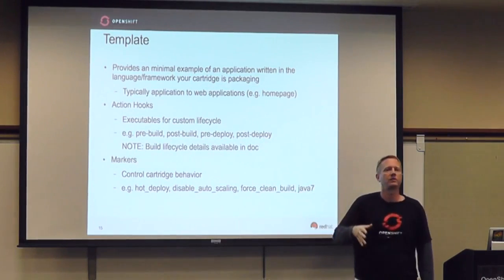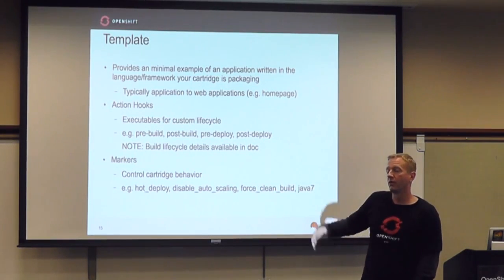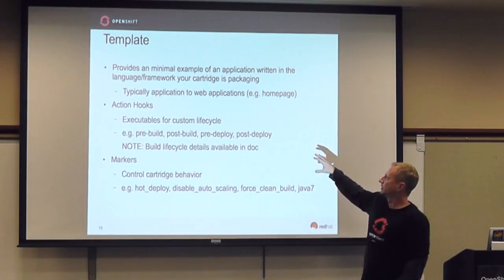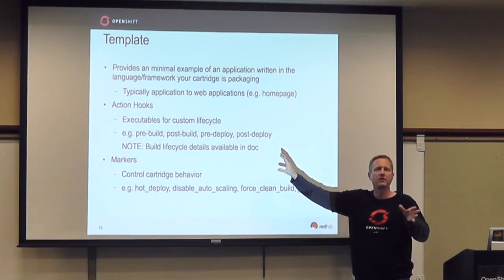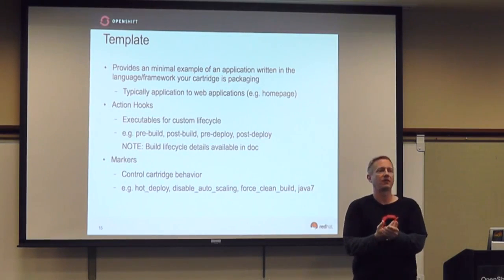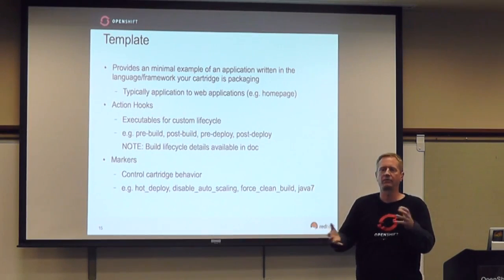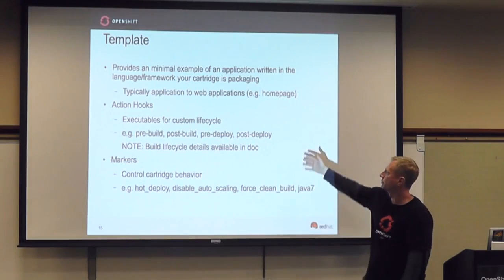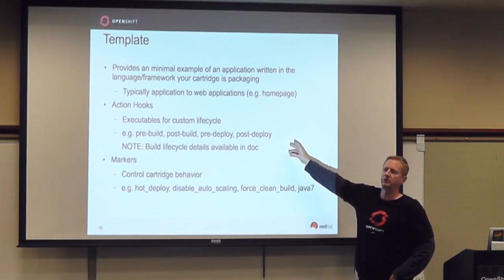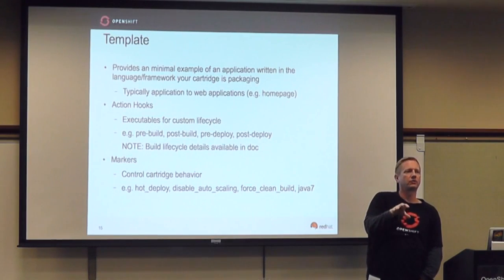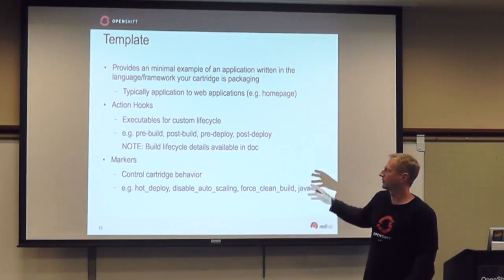You're going to say, for this cartridge, I want to create custom lifecycle hooks. I'm the cartridge developer, and I want to give the user the option to do customized lifecycle, whatever they want, pre and post build, pre and post deploy, pre and post start, whatever you as the cartridge developer want to allow the user to tweak at different points of the lifecycle.